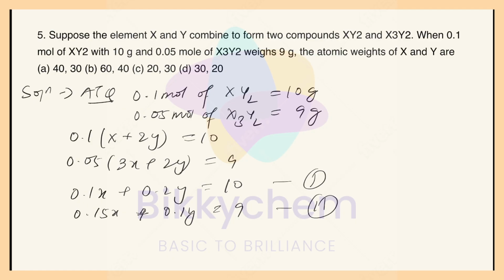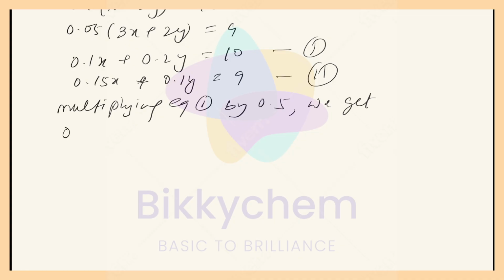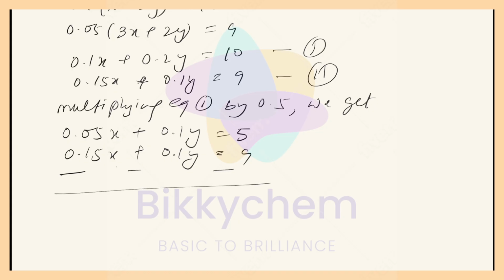So what we will do, multiplying equation 1 by 0.5, we get 0.05x plus 0.1y equals 5, and 0.15x plus 0.1y equals 9. Subtracting, 0.1x cancels, minus 4, so x equals minus 4 divided by minus 0.1, which equals 40.